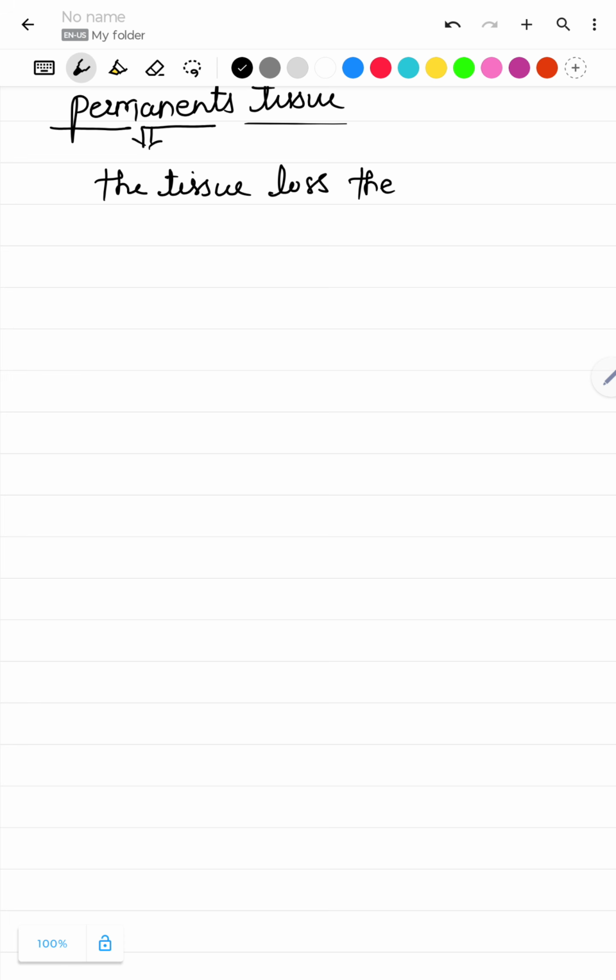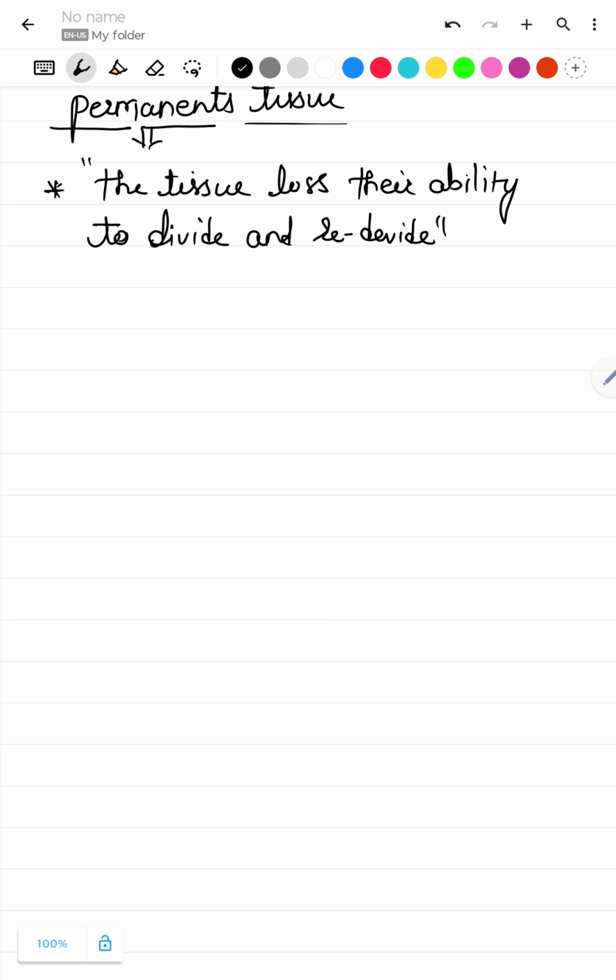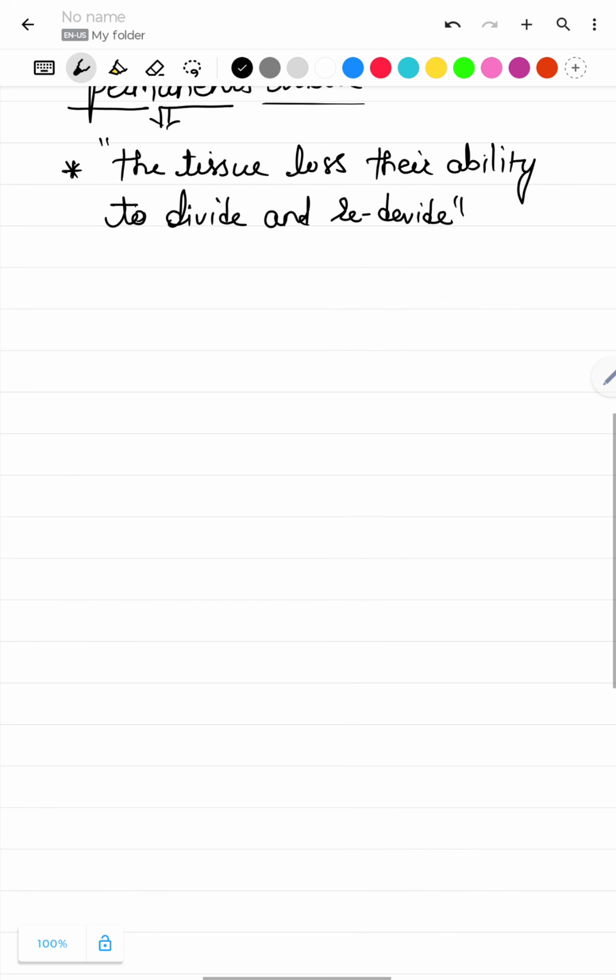Such a tissue performs a specific function.